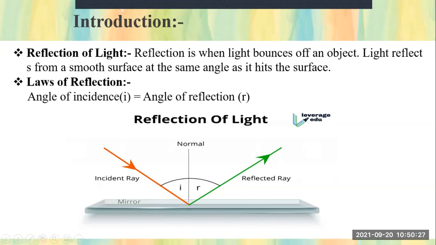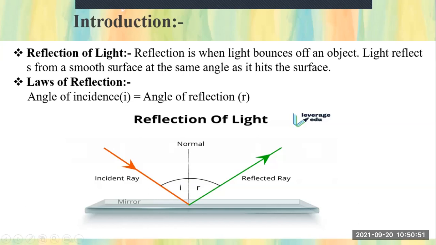This is nothing but the normal. So the angle from the normal to the incident ray is known as the angle of incidence, and the angle from the normal to the reflected ray, that is r, is the angle of reflection.